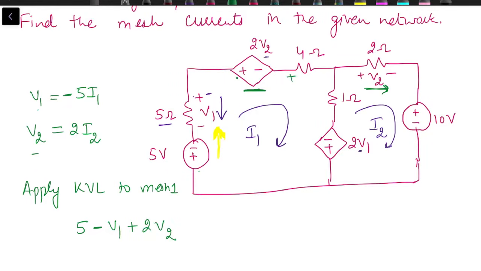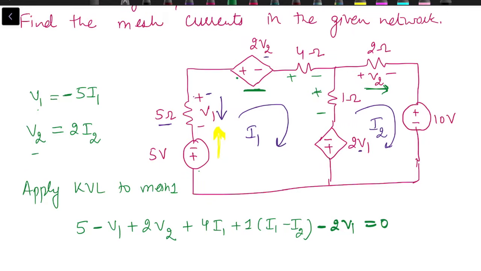Then we have drop across 4 ohm resistance, so it will be 4 into I1. We need to mark the voltage polarity across this 1 ohm resistance as per the direction of current, which is in same direction with I1. So it will be plus I1 minus I2. Then we have next voltage source. Negative sign is coming first, so minus 2V1 equal to 0.